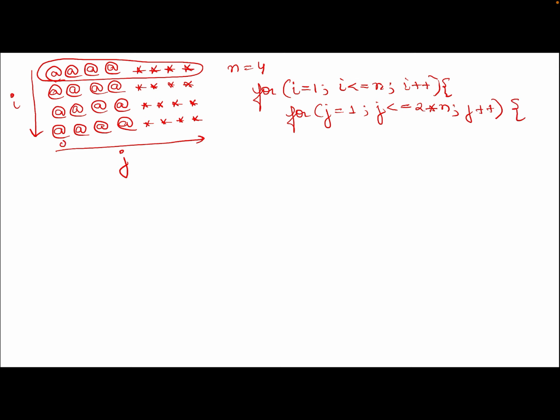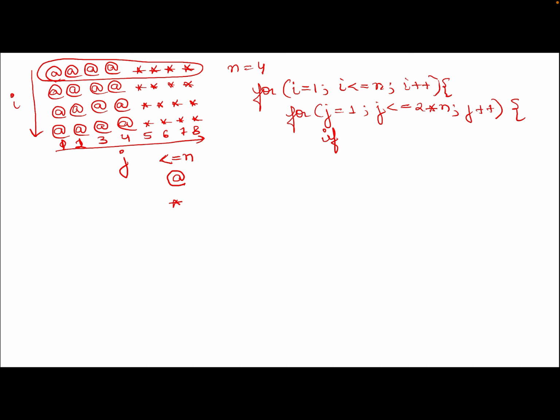Now 1, 2, 3, 4, 5, 6, 7, 8. If the value of j is less than or equal to n, it should print @, else it should print star or asterisk. Okay. So I'll use this condition.